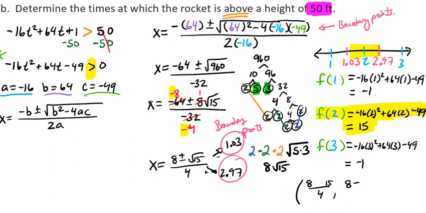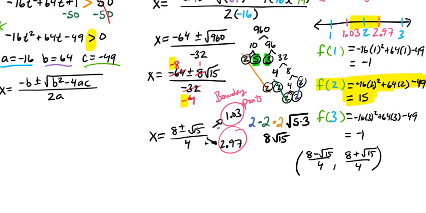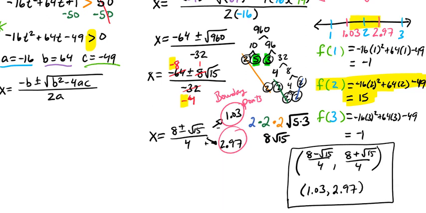So you've got to be really careful. 8 minus radical 15 over 4, and then 8 plus radical 15 over 4. Which is going to approximate to basically saying that you've got 1.03 to 2.97. So this is what it looks like just as numericals.